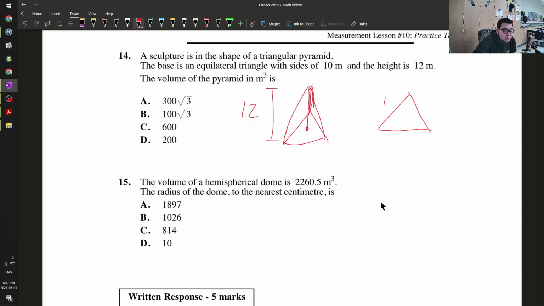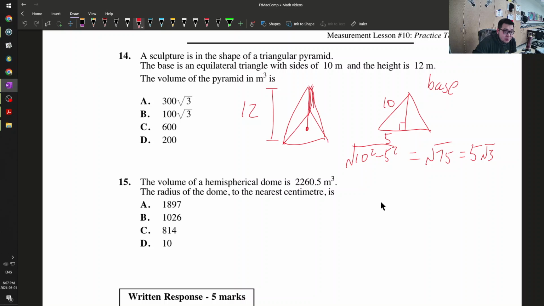So the sides are 10, therefore half of this side is 5. We have to use Pythagorean theorem to find the height of this triangle. So 10 squared minus 5 squared, take the square root, is equal to square root of 75, which is equal to 5 root 3. Okay, so that is a height, 5 root 3.